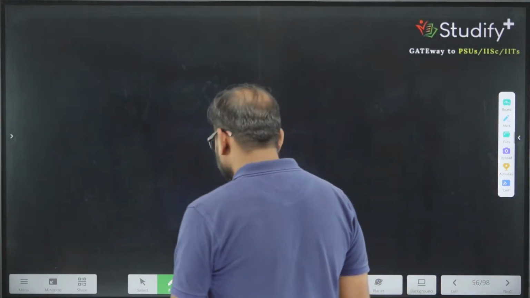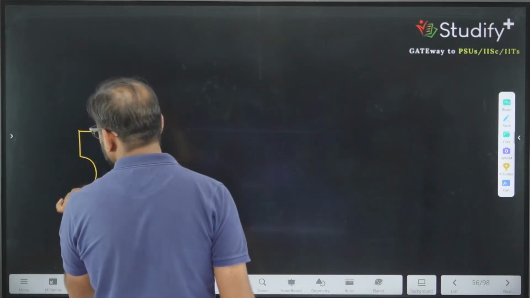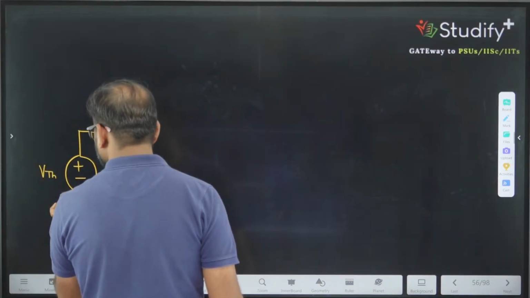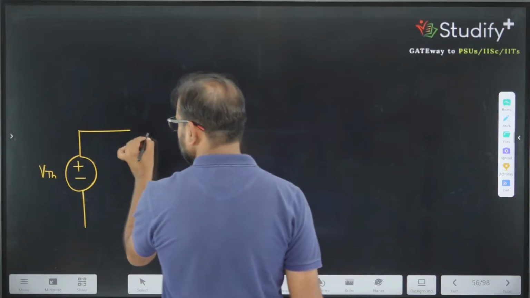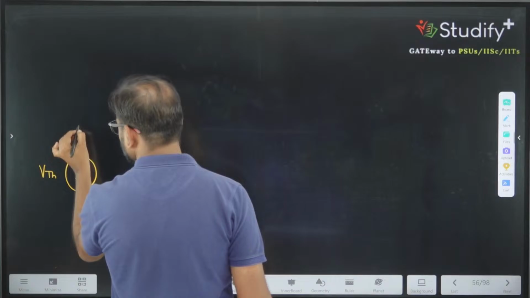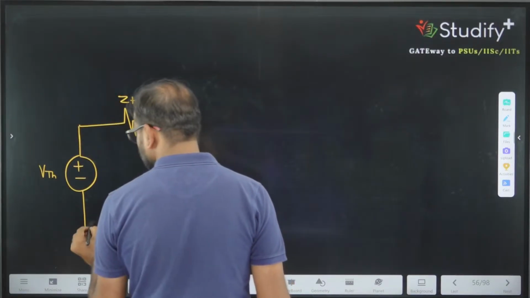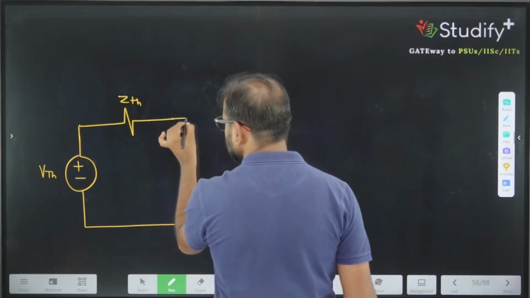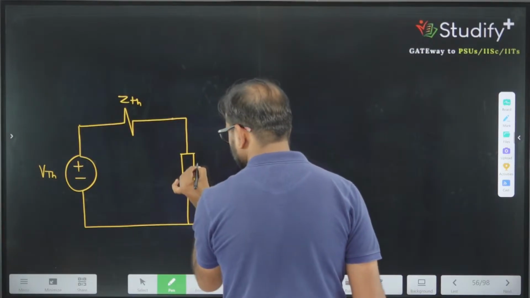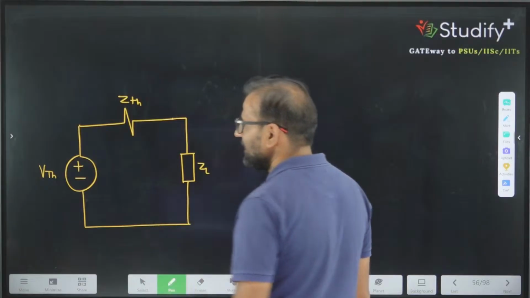Can I say the Thevenin's equivalent is nothing but a voltage source that represents the open circuit voltage, with series resistance ZTH, and we are calling this voltage the load voltage, across ZL.